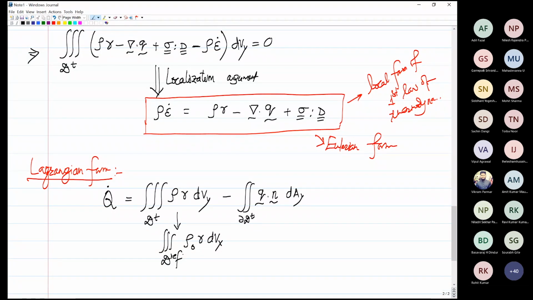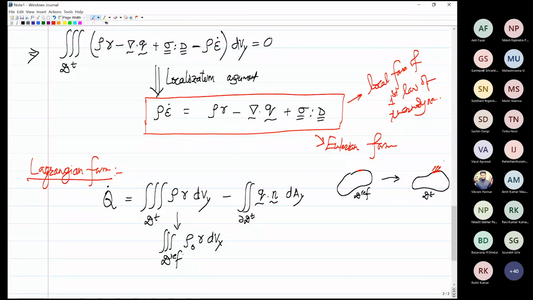Here again, I'll put a sketch. This is d ref, and that's dt, and let's say this is the small area through which heat flux is going out, and we want to write that in terms of the area in the reference configuration.